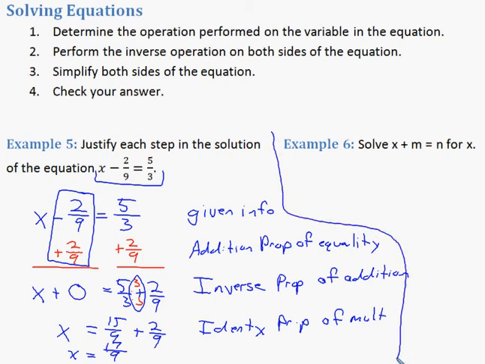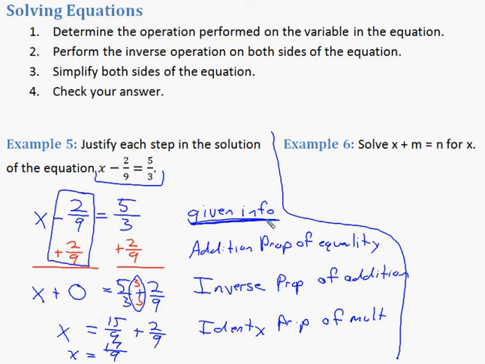You should understand or see, because we've talked about these different things. Now this is new because we haven't really said that's given information. We've talked about the addition property of equality in this lesson. We learned about inverse and identity earlier, and now you get to see where we use those and how they're used. We don't always end up writing these out, but at least you know why we do them.